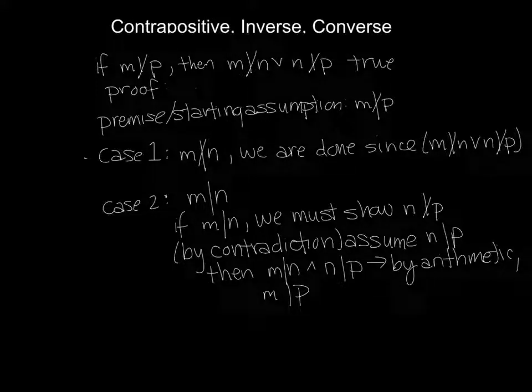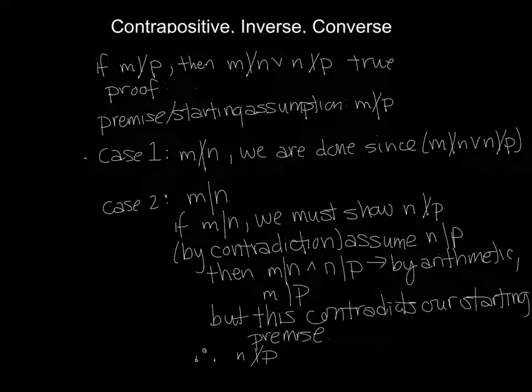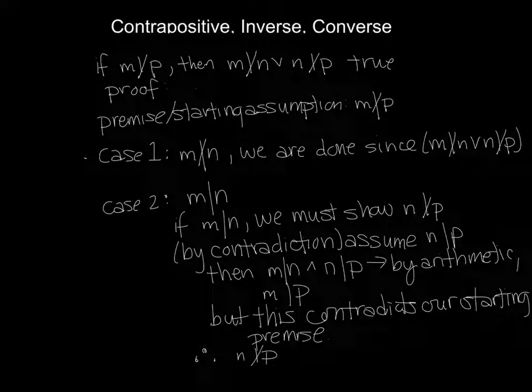But that contradicts our starting premise, the one that starts our whole proof, which must mean, since there's a contradiction, that this assumption over here was incorrect. Since it contradicts our starting premise, our assumption n divides p must be false, and therefore n does not divide p, and again, we are done with our proof.